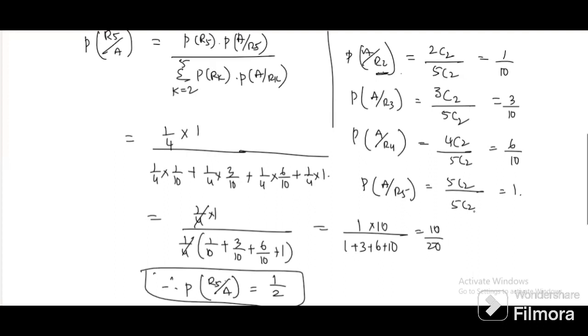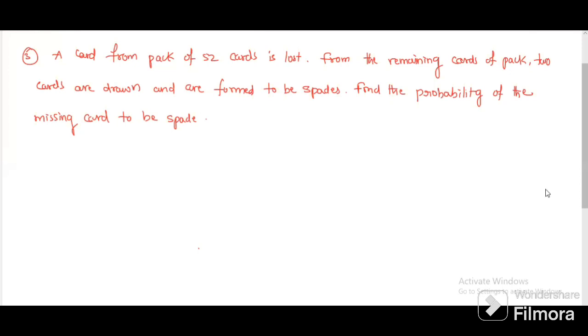So let's see one more problem here. A card from a pack of 52 cards is lost.